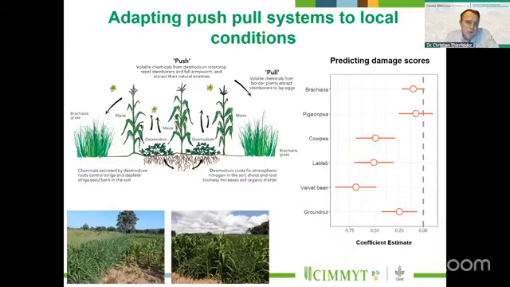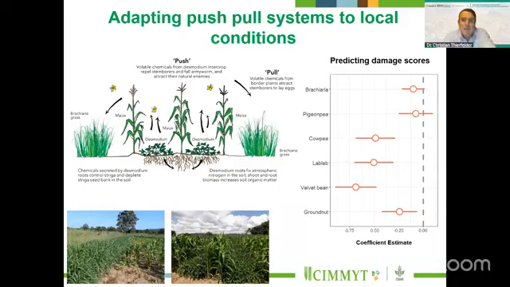The push-pull system is a system basically developing two control mechanisms. One is this push that comes from a legume called Desmodium uncinatum, and the pull from a grass that attracts the fall armyworm out of the maize stand and helps with this double action of push and pull to control the pest.